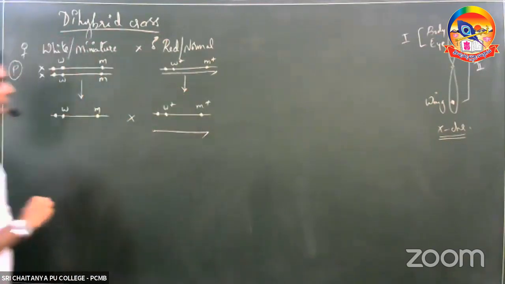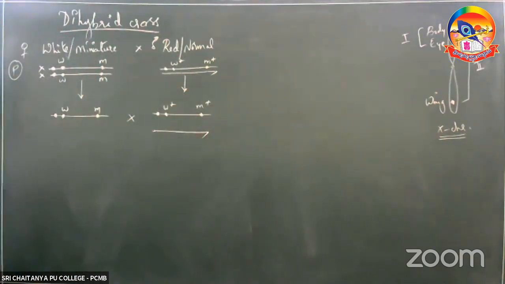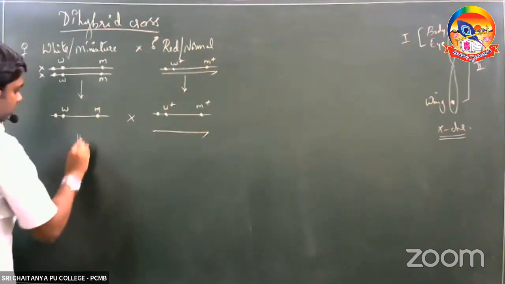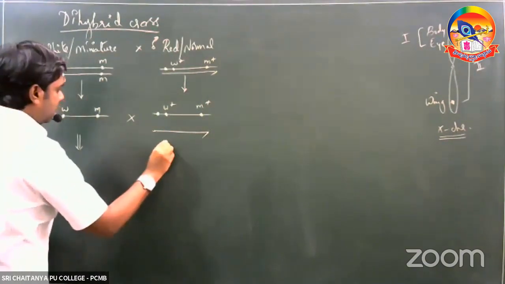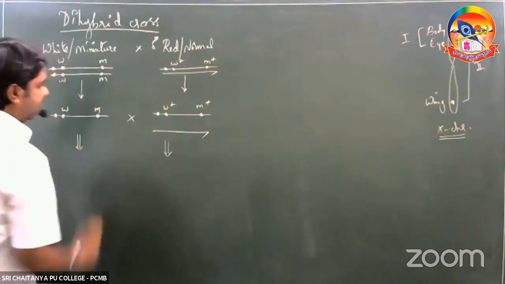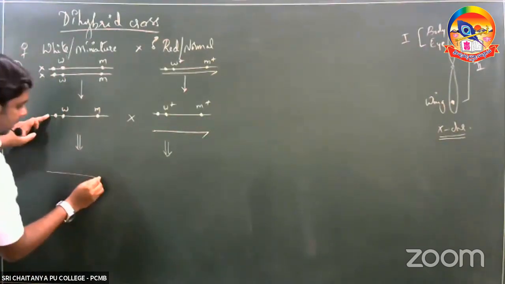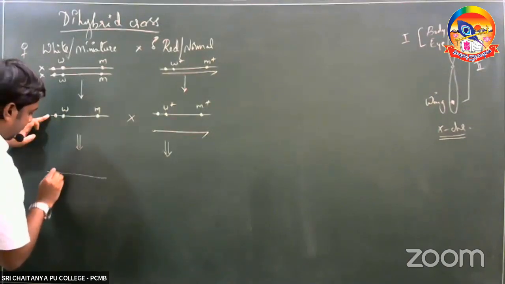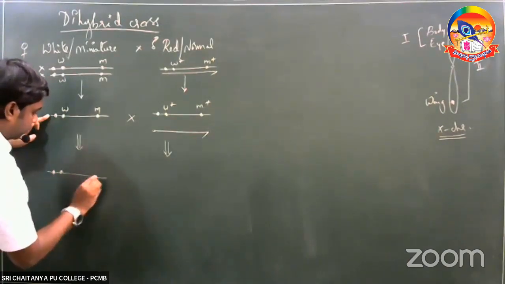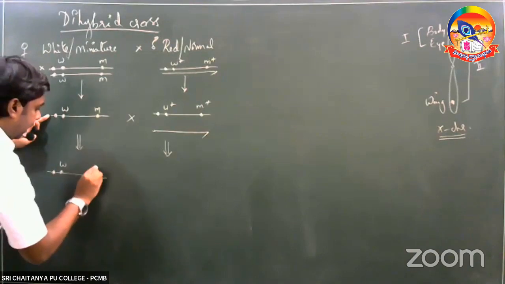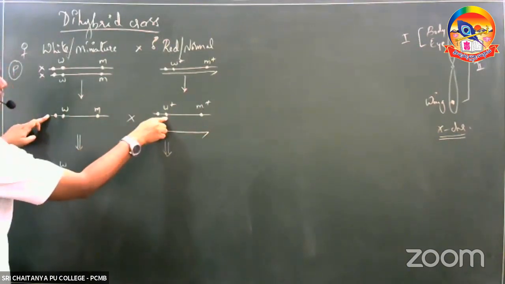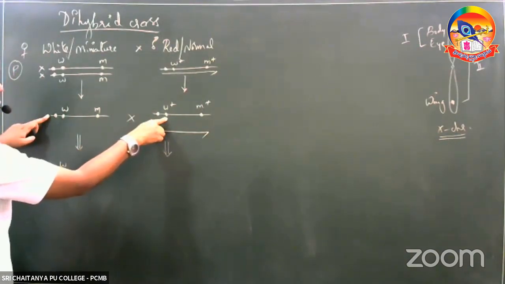Now, when these two are crossed together in the F1 generation, what do we get? In the F1 generation, two different types of offspring would be formed. One with the female gamete containing the X chromosome, so this would be w and m, crossed with the X chromosome of the male gamete.